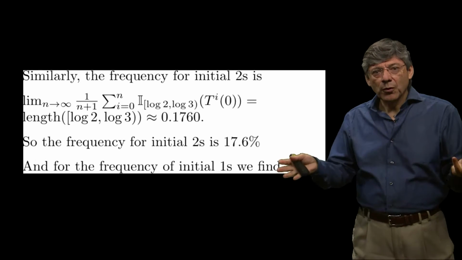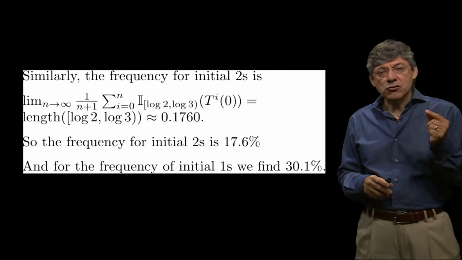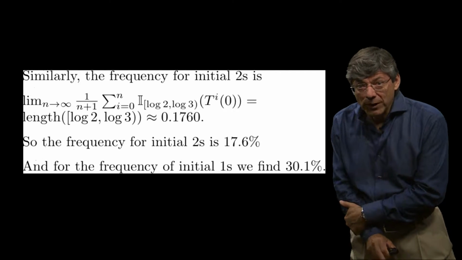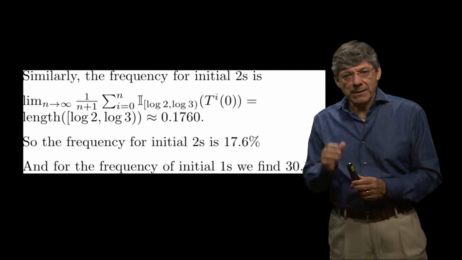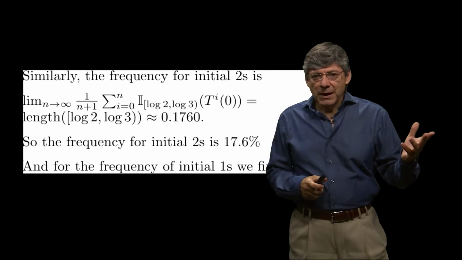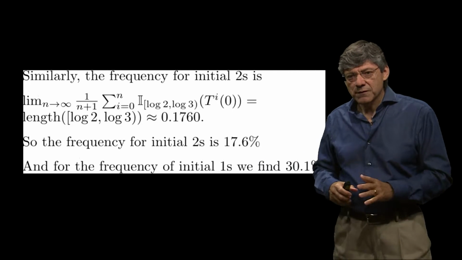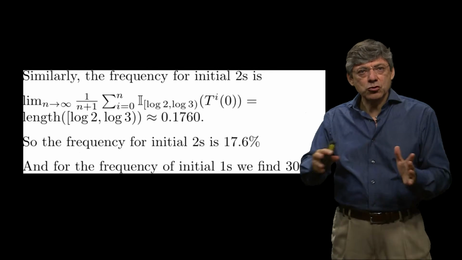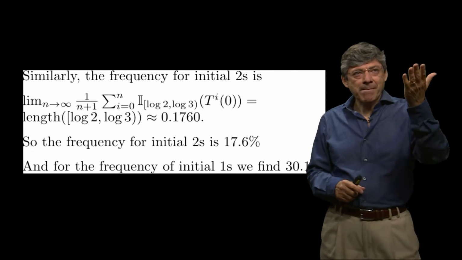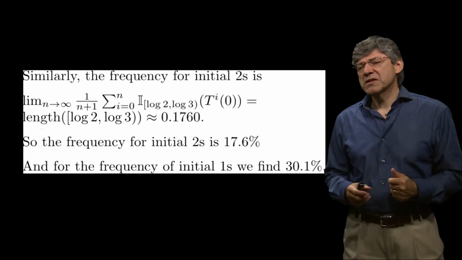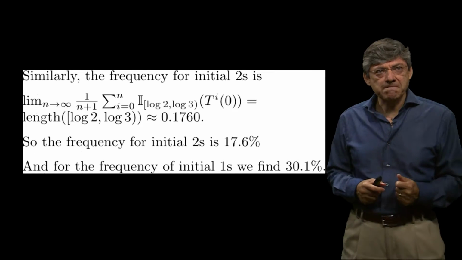You take logs on both sides and you see that that has to do with the orbit of 0 visiting the interval [log 2, log 3]. So by Weyl's theorem, the frequency of appearances of 2 in powers of 6 will be the length of the interval [log 2, log 3]. That gives you that the frequency is approximately 17.6%. Sometimes people think of that as 18%.